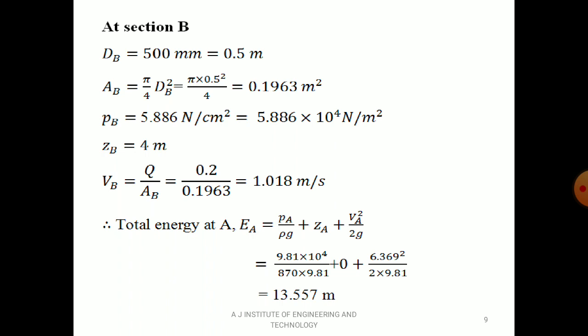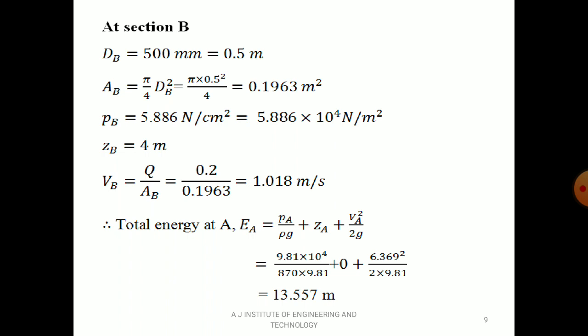Pressure energy is P by rho g, kinetic energy is V squared divided by 2g, and potential energy is Z. So it is a summation of P divided by rho g plus V squared divided by 2g plus Z. Now applying this equation for point A or section A, total energy at A, represented by EA, is equal to PA divided by rho g plus ZA plus VA squared divided by 2g. PA value, ZA value and VA value we know, so we can just substitute.